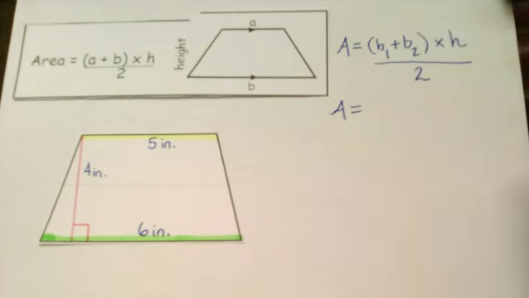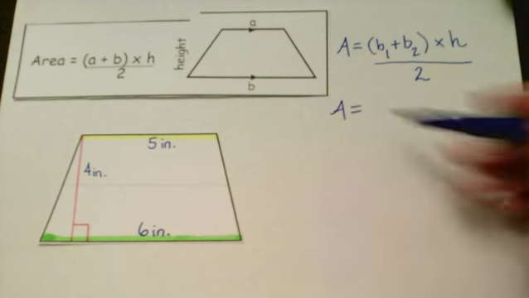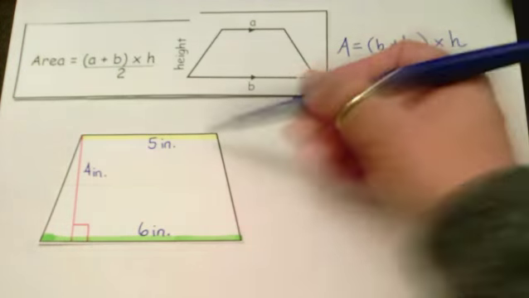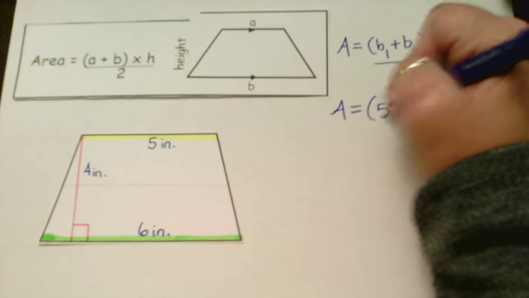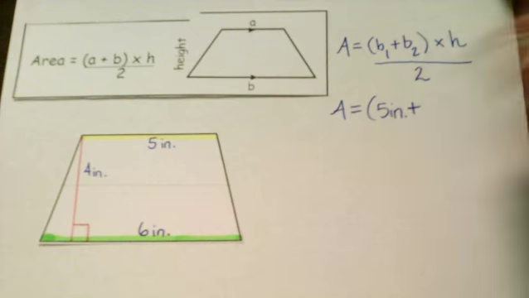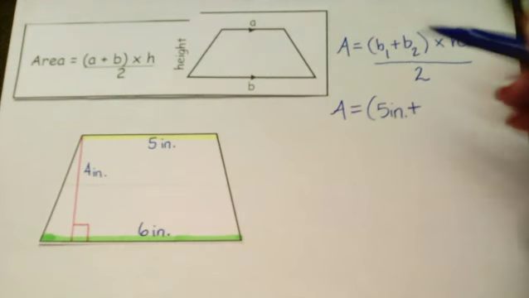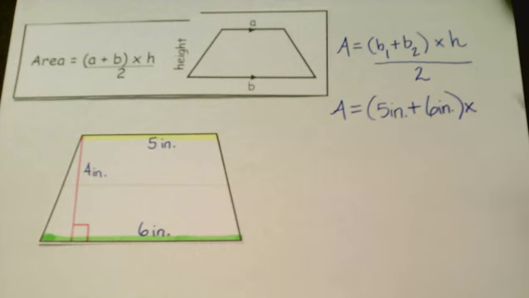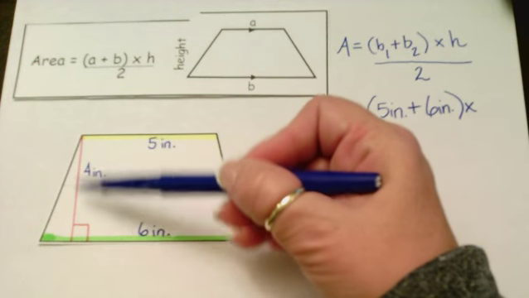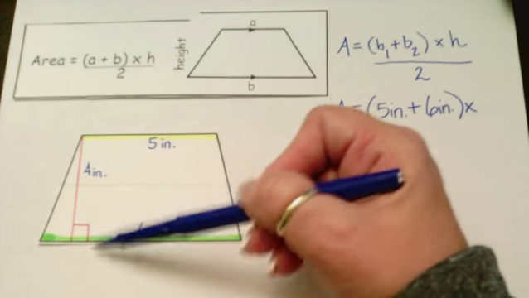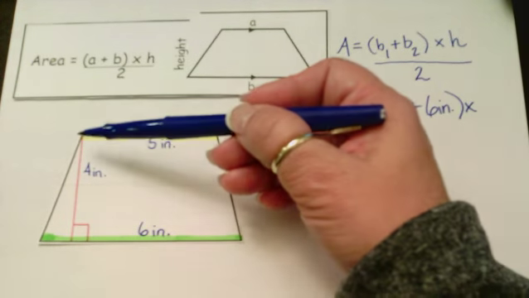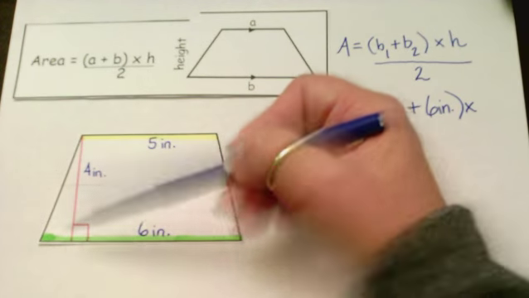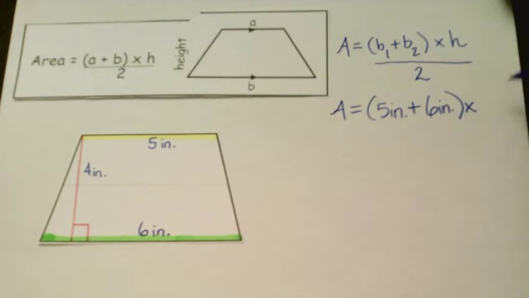So I'm going to go ahead and just pull the values in. I can see here that my top length is 5 inches plus my bottom length is 6 inches times the height. We use this perpendicular line. You can see that is attached to the square corner here, so we know that this is perfectly straight up and down or perpendicular.